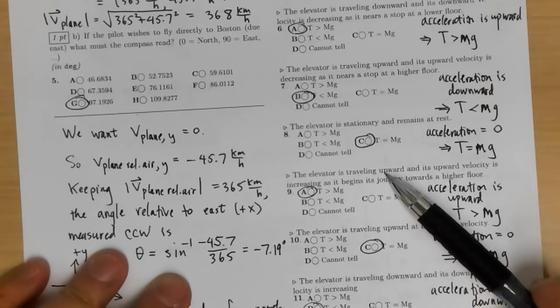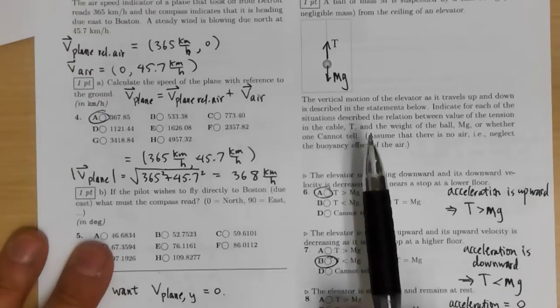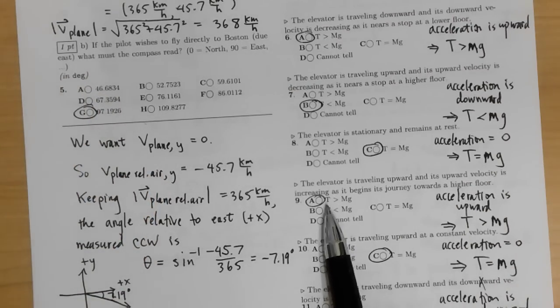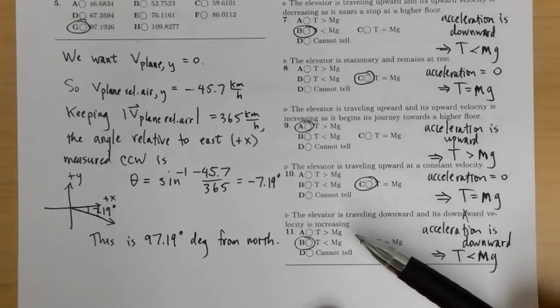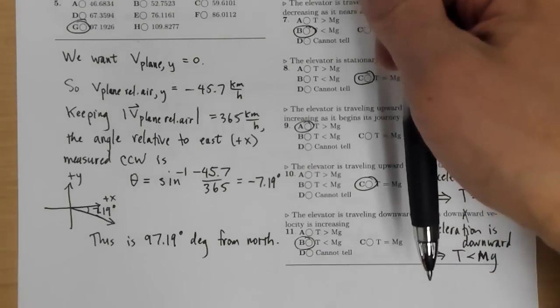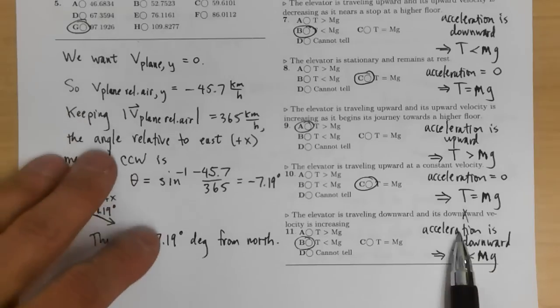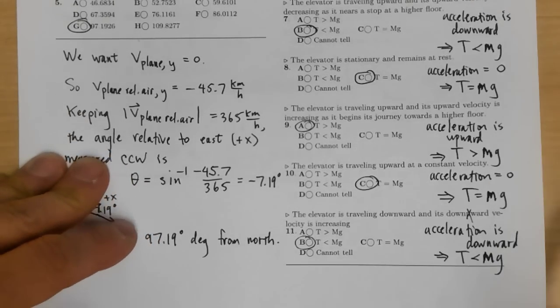If the elevator is traveling upward and its upward velocity is increasing, then it's going up and it gets faster. Then the acceleration is upward, so then T is greater than mg. Now the elevator is traveling upward with a constant velocity, then the acceleration is 0, then T is just equal to mg. Now the elevator is traveling downward and its downward velocity is increasing, so it's going downward and getting faster downwards, then the acceleration is downwards, so then T must be less than mg. mg is bigger.